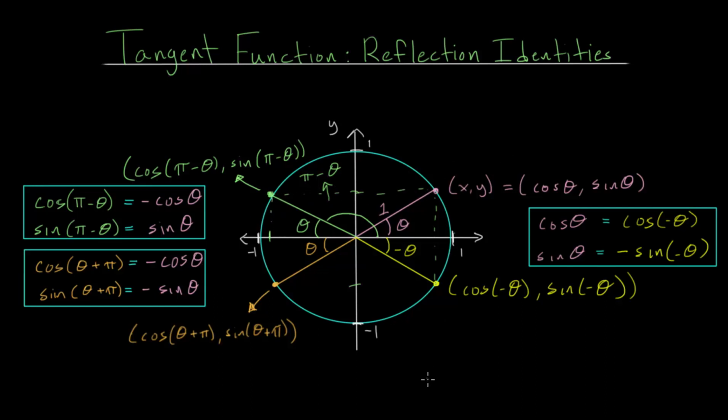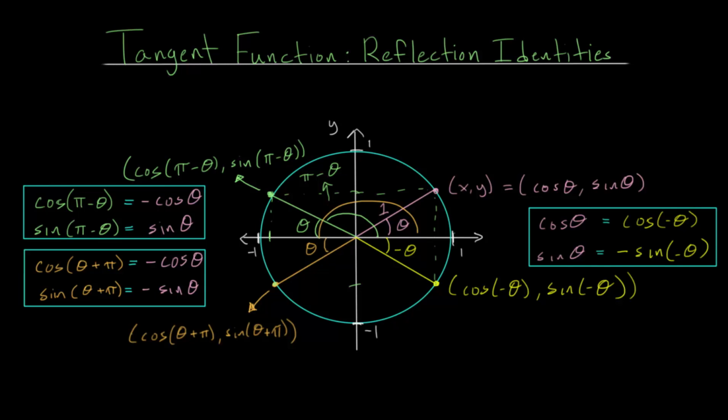now opposite. And lastly, we took this ray and reflected it over the x-axis, and this angle here would be theta since we are counting in the positive direction now. This total angle can be found if we first go pi radians to get to the negative x-axis and then add theta to that.